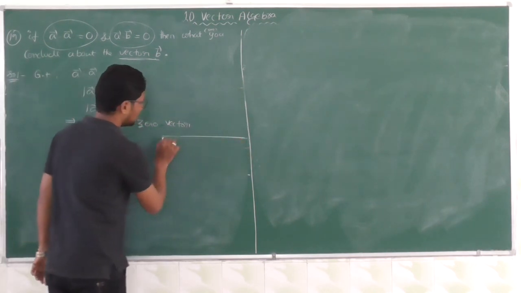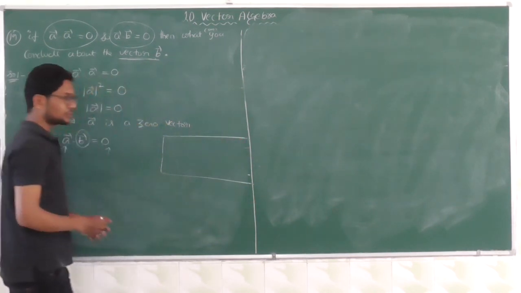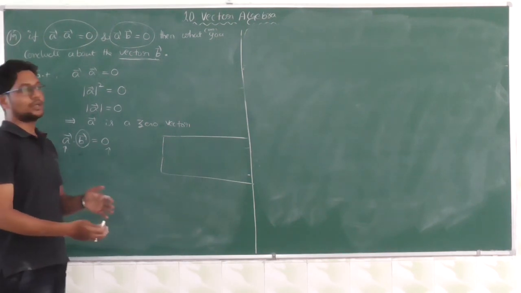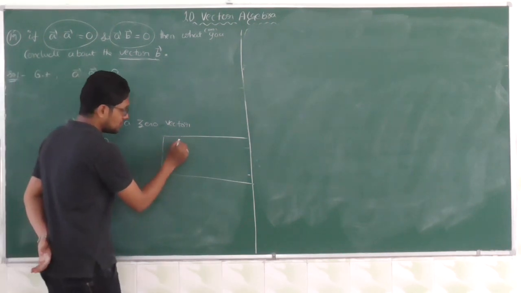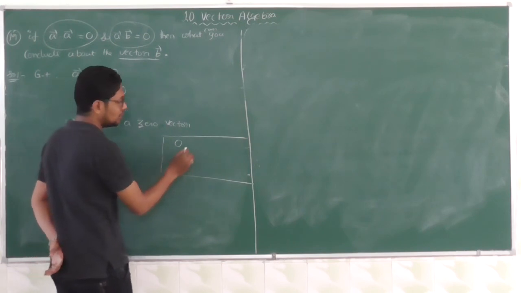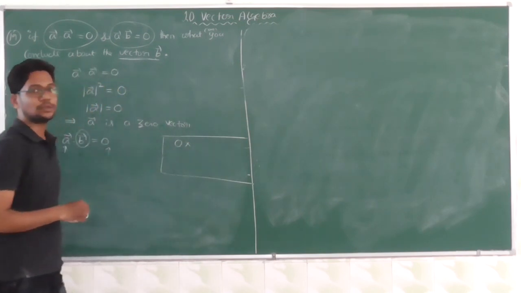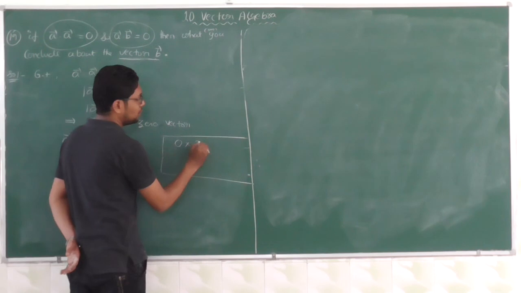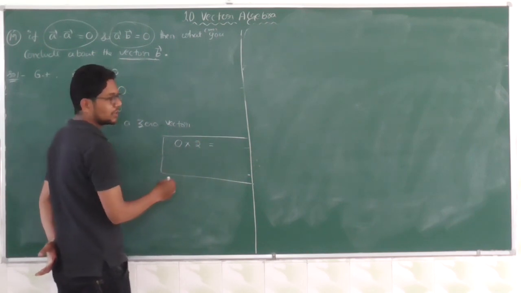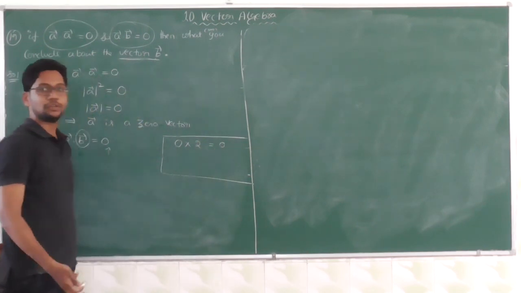For example, let us take numericals. Suppose 0 into 2 equals what? 0 into 2 is 0.